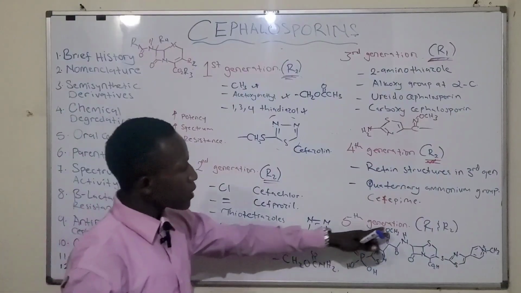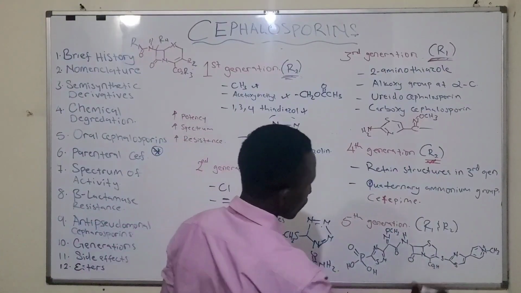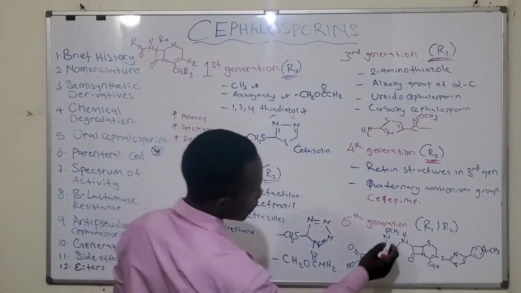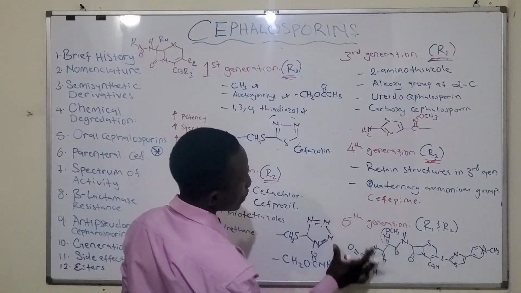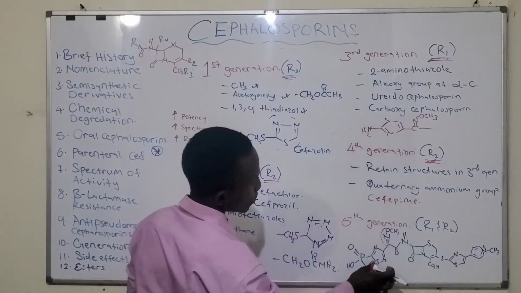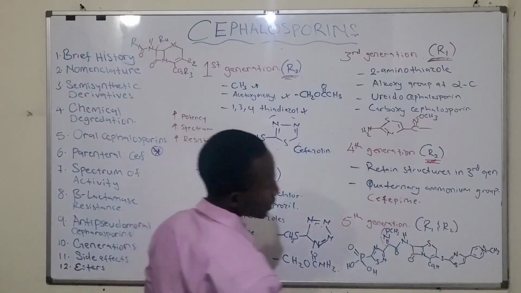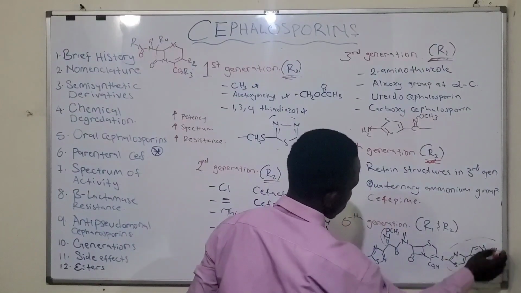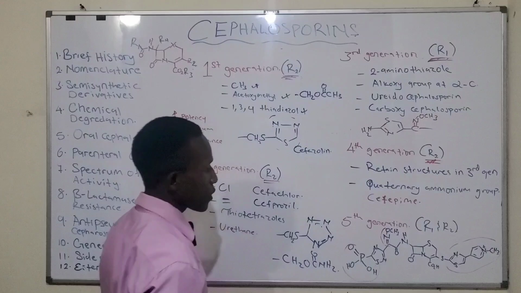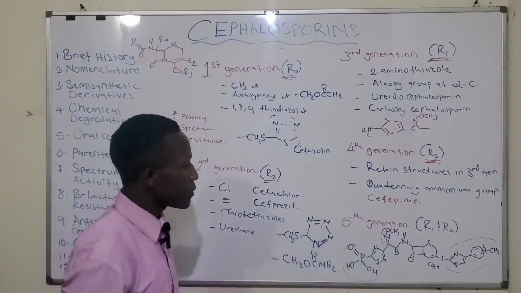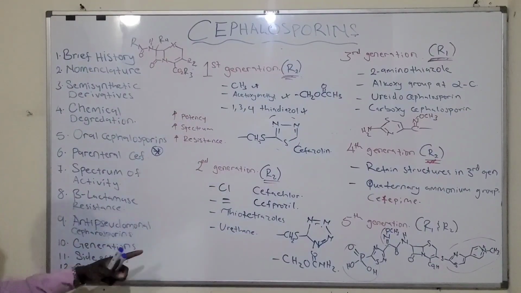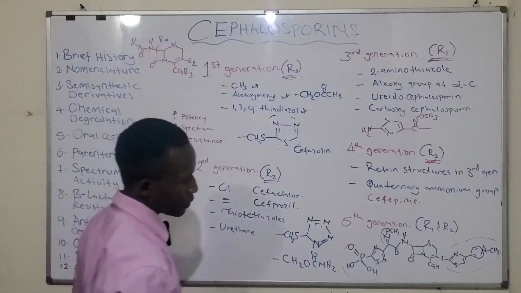Then for the fifth generation, we have this. It retains the structure of the third generation, because the structure is retained even in the fourth generation, but they alter these groups. So this cephalosporin is under the fifth generation.